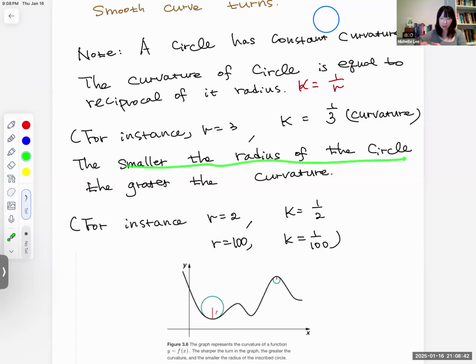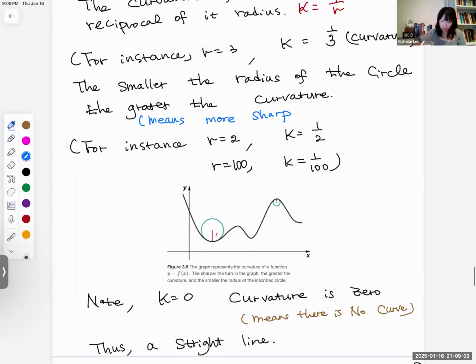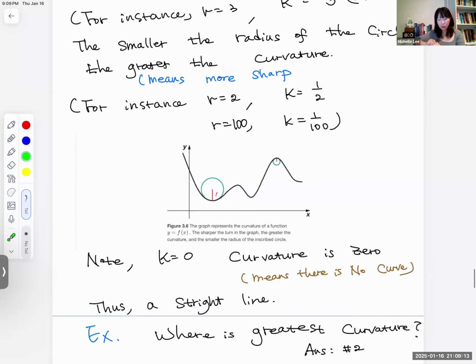The smaller radius of a circle means greater curvature, which means more sharp. Okay, so what happens when curvature equals 0? That means there is no curve, which means a straight line.